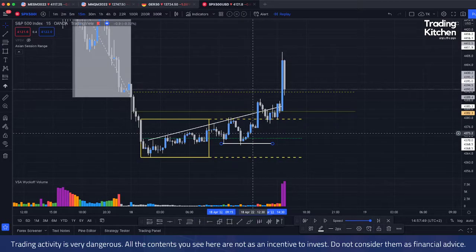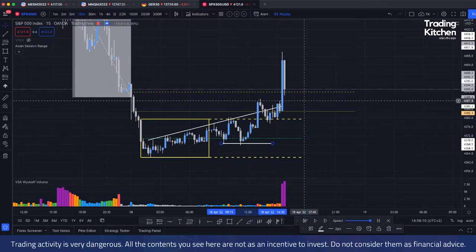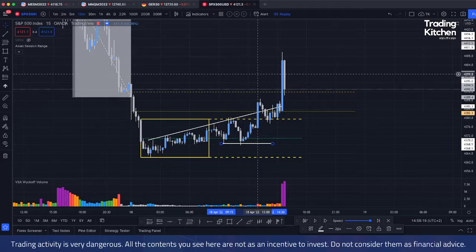When you see this kind of strong movement during a not crucial hour, not crucial time, because London has already opened 3 or 4 hours ago and the US was not open yet, basically the manipulation at 1 p.m. London hour is not very common.